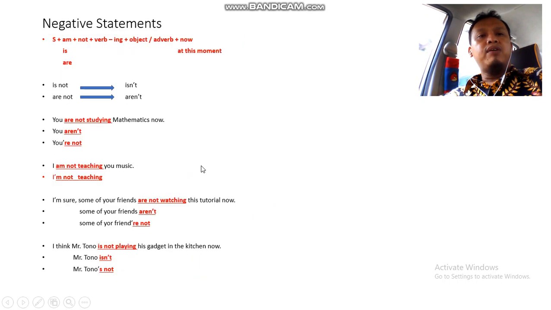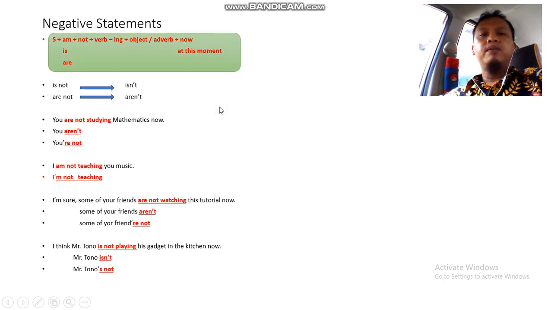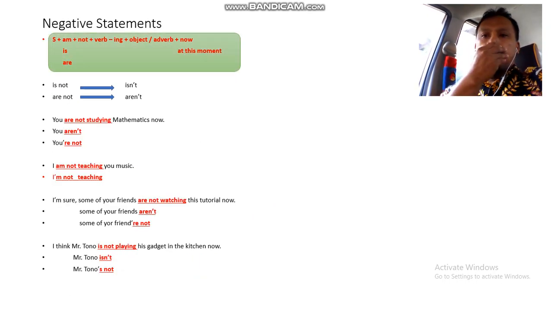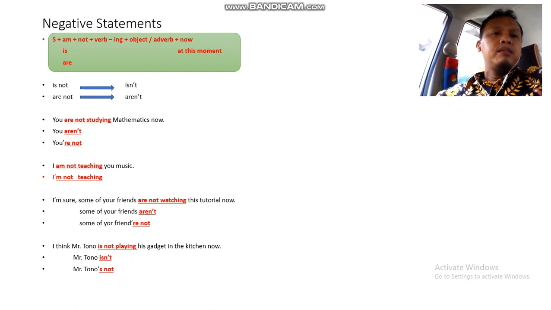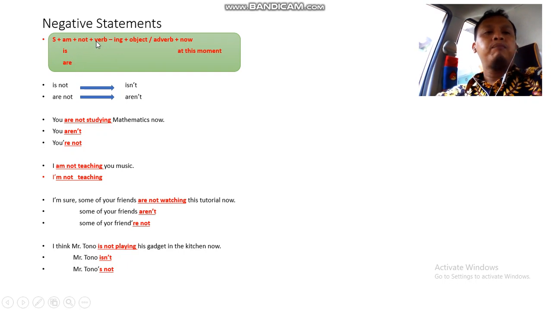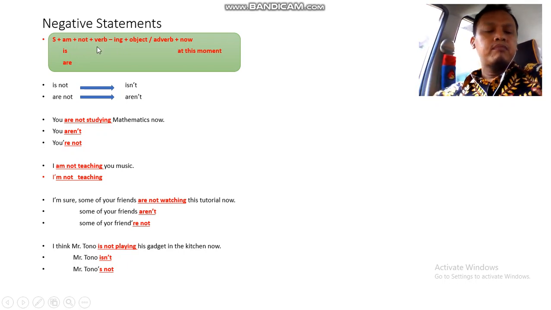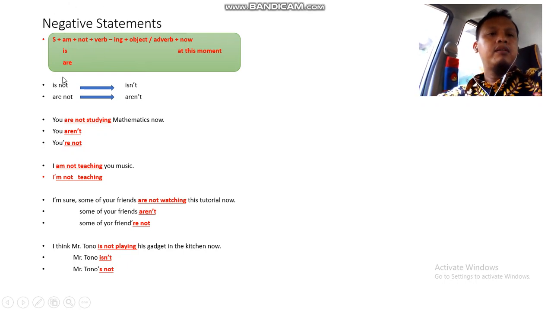What about the negative one? Look at the pattern. For the negative one, it is almost similar to the positive statement, but there should be not between the be, am, is, are, sorry, and the verb.